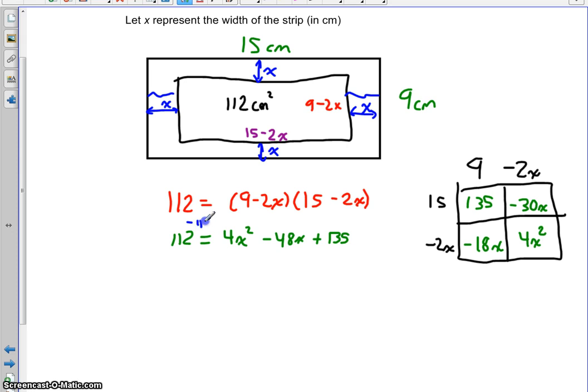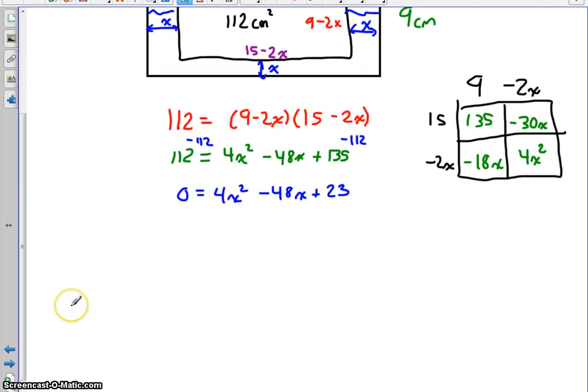So I have to bring that 112 over by subtracting it from both sides of the equation. Okay, so now I have my equation in standard form, and it's equal to 0.